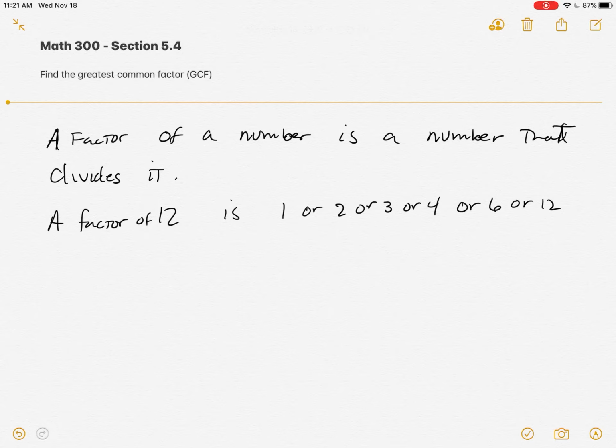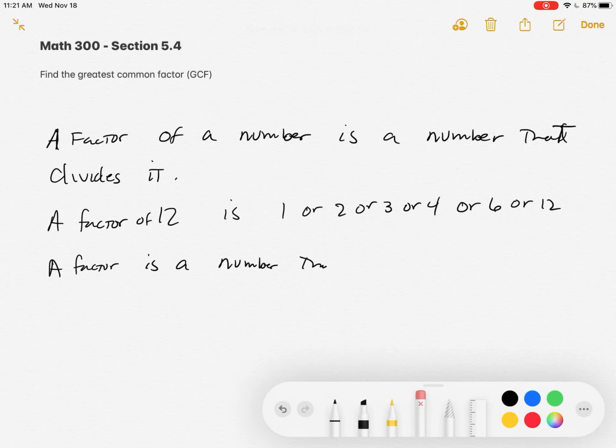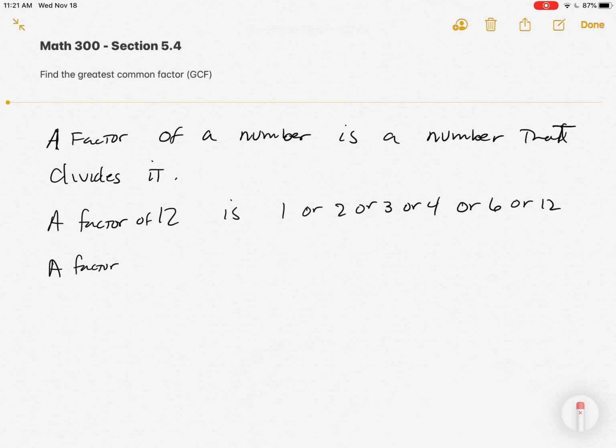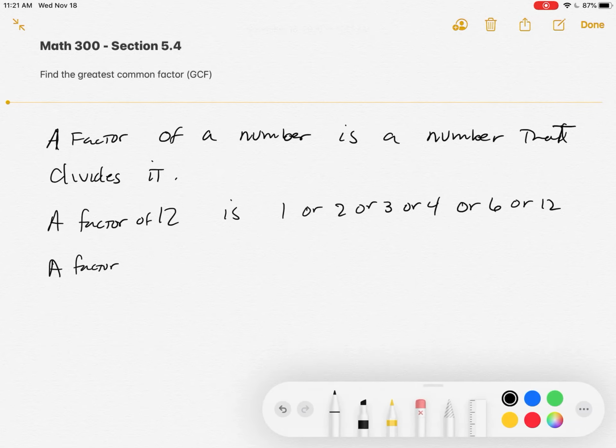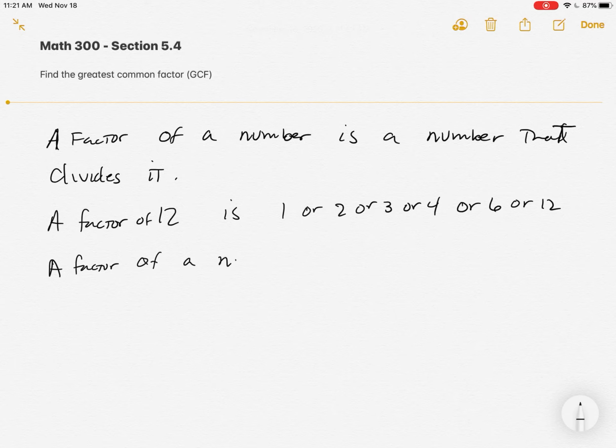And so, remember, a factor of a number is never bigger than the number.